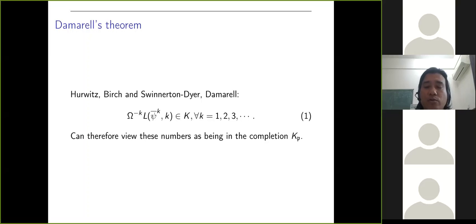They all belong to K. So once they're inside K, I can view these numbers as being in the completion K_p. This is a deep theorem due to Damerell. It's not so easy to prove this.